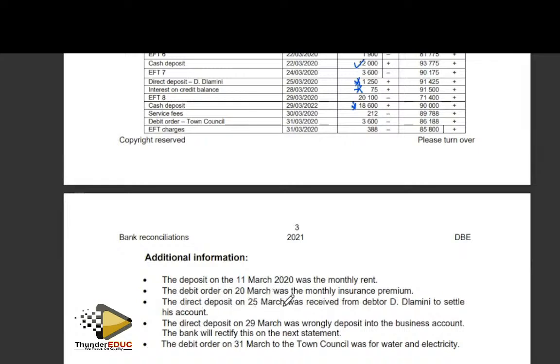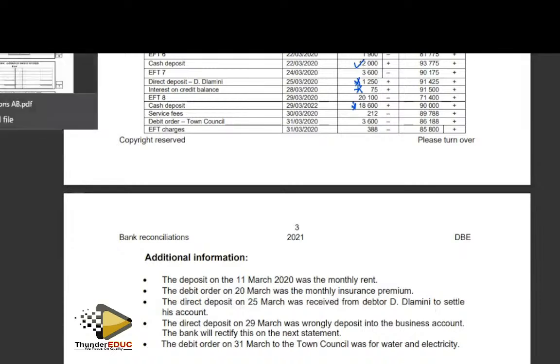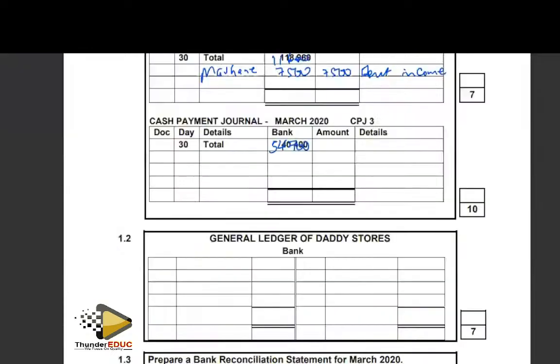So the direct deposit on 25 March was received from D-Dramin to settle his account, right? Remember, a debtor is someone we sold goods to on credit, so this person is paying his account.